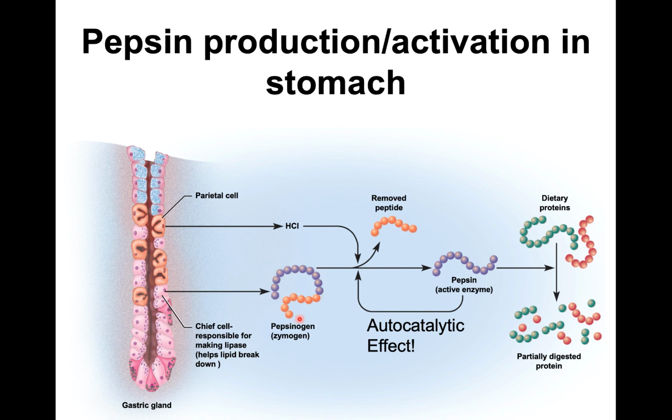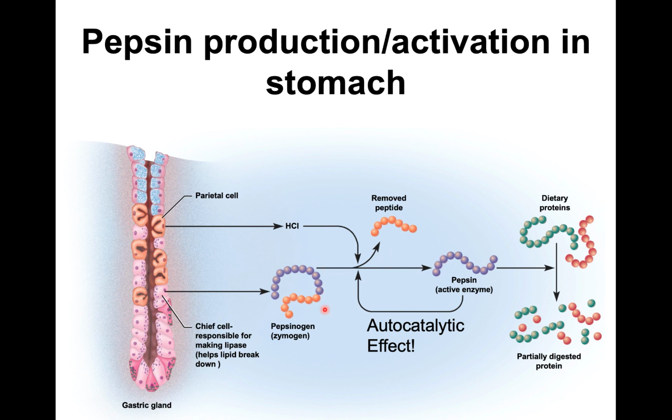How do you activate pepsinogen? Well, hydrochloric acid has a cleaving effect. The word cleaving means cutting. HCl has the ability to break this bond right here between these two amino acids. Once you break this bond here and remove a portion of the peptide, you now have the activated version.